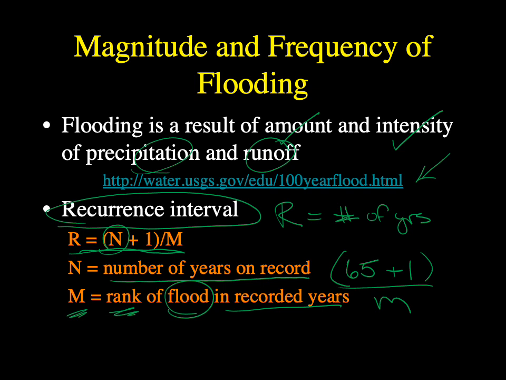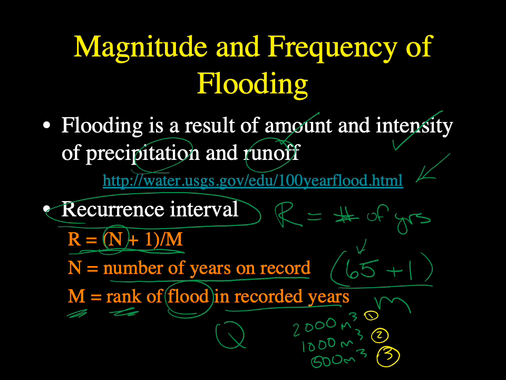In that 65 years worth of data, you would go through and look at every single flooding event, and you would rank them by their discharge. So if you had 3 different floods of 2,000 cubic meters, 1,000 cubic meters, and 500 cubic meters, you would rank them so that this would be number 1, that would be number 2, and that would be number 3.